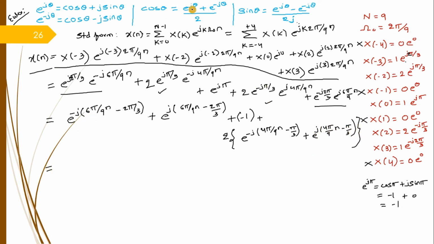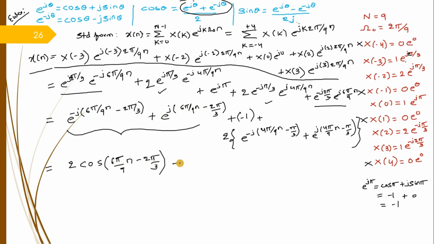Now look at this. What is cos theta? It is e raised to minus j theta plus e raised to j theta, so this term means 2 cos theta. So here this whole together will give me 2 cos theta. In place of theta, what am I having? 6 pi by 9 n minus 2 pi by 3.